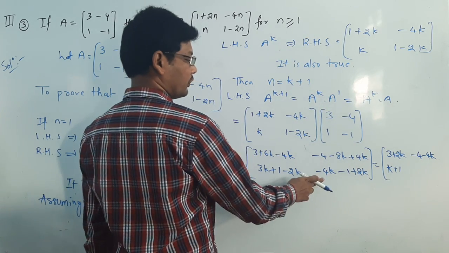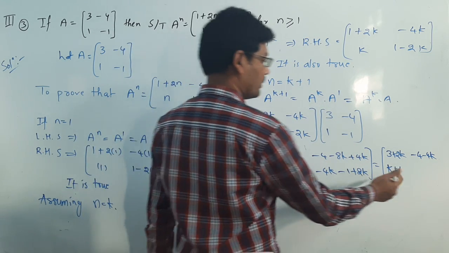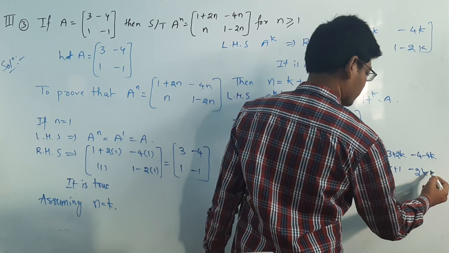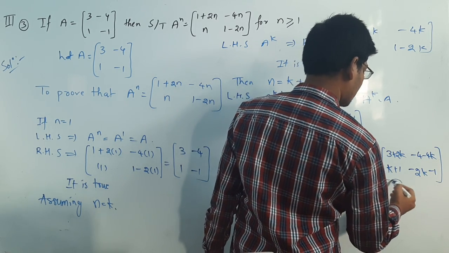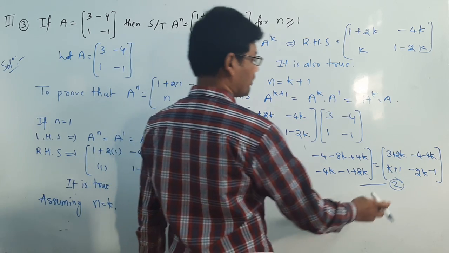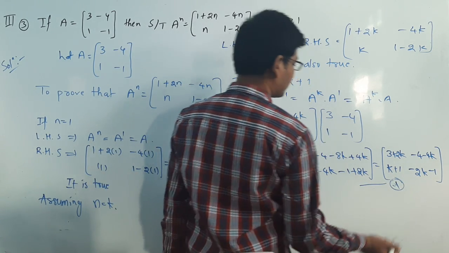And minus 4k plus 2k minus 2k minus 1, so minus 2k minus 1. This can be considered as equation number 1 here.